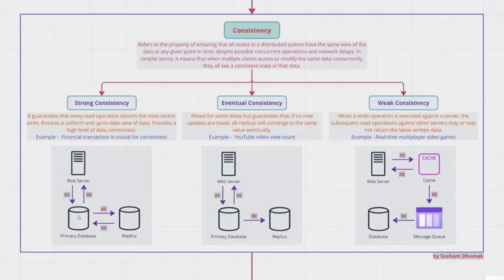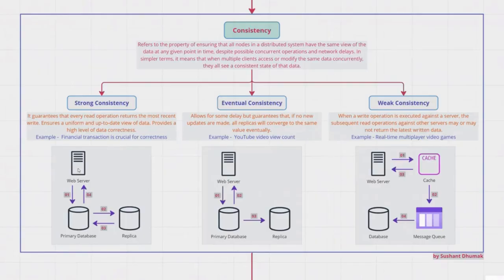We also have multiple databases; we create a lot of replicas in the backend. So the web server will send that write request to the primary database. After writing to itself, the primary database will send that information to multiple replicas, so all the replicas will be updated with the same information.